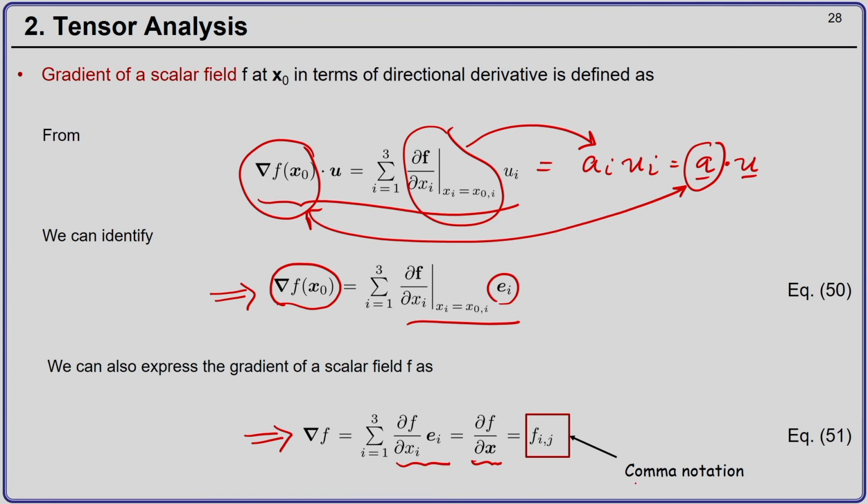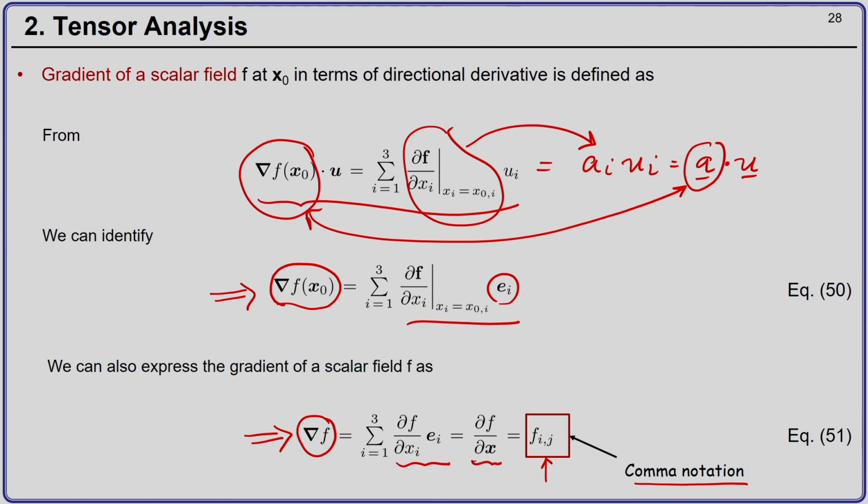comma notation. So, you can see the gradient of a scalar field in indicial notation is given by f i comma j, because there is a comma. Whenever there is a comma, it means the quantity before the comma is being differentiated with respect to the quantities after the comma.